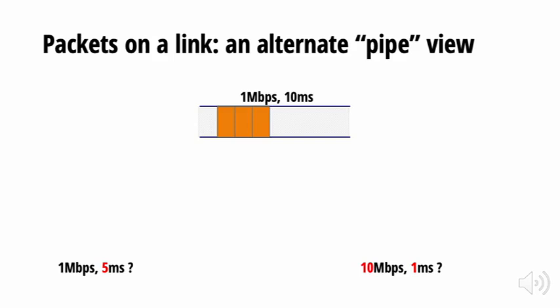And then also think about what this picture would look like if you have 10 megabits per second, so 10 times the bandwidth, but your propagation delay is 1 millisecond. Okay, thoughts? What should the one on the left look like? 1 megabit per second and a propagation delay of 5 milliseconds?